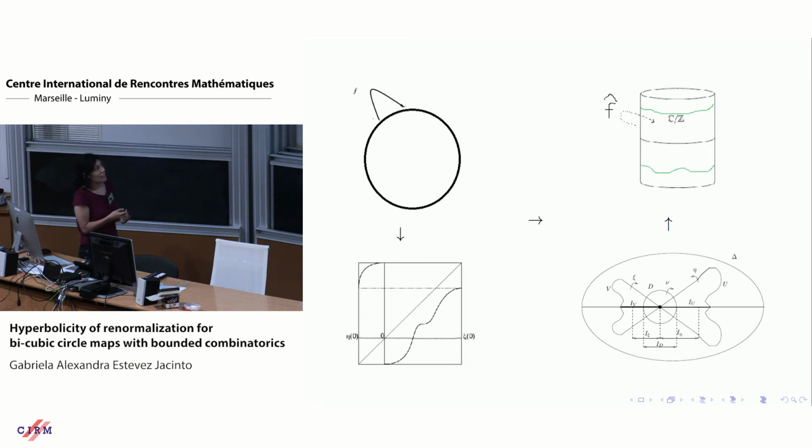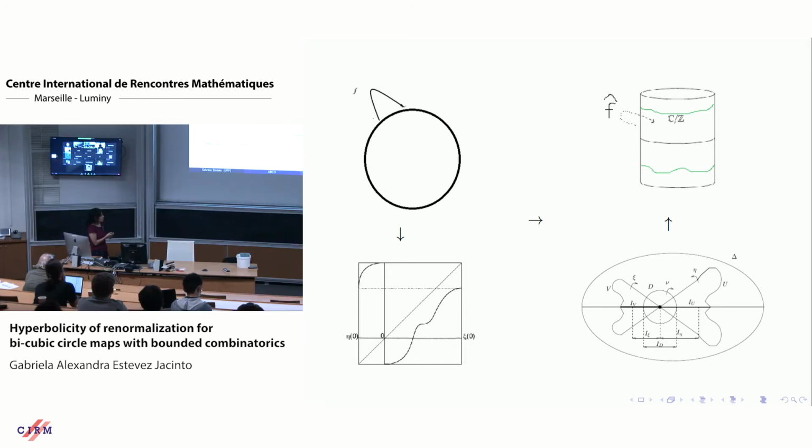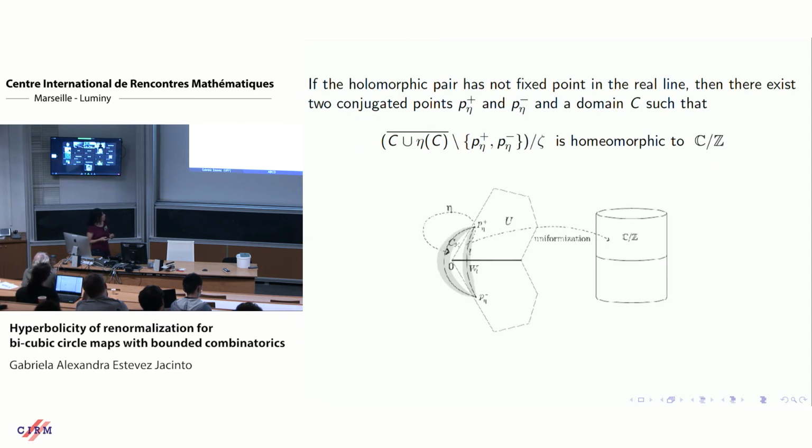What he did is a little technical. Maybe you all know more than me about this trick. But the idea is to consider, in this wing of the butterfly, two points which are conjugated, and a curve that joins these points. This one is the image under the map, which is eta.